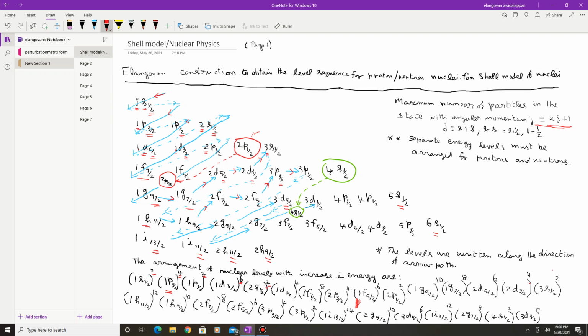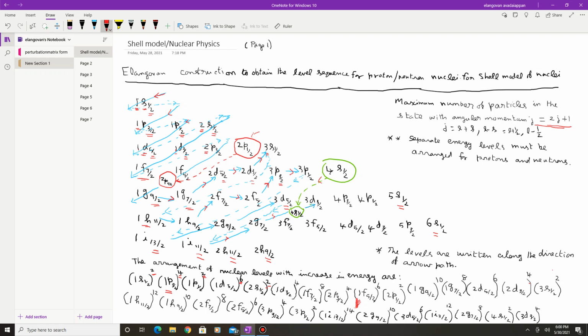So up to this you can go like this along the direction, and after that 1i 13 by 2, then 2g 9 by 2, 3d 5 by 2, then 1i 11 by 2, then 2g 7 by 2, then leave some space here, and this space is occupied by this level. The 4s half is occupied here, then 2d 3 by 2, and so on.